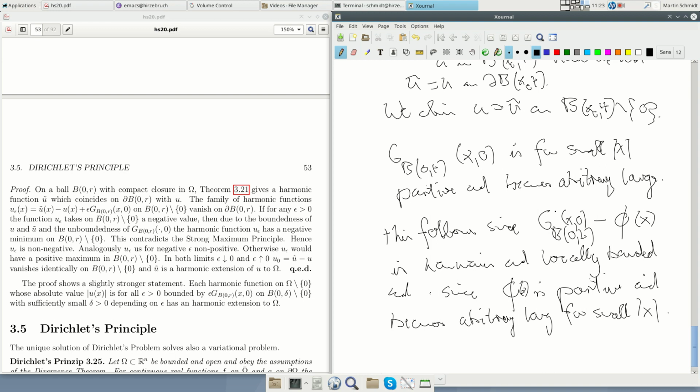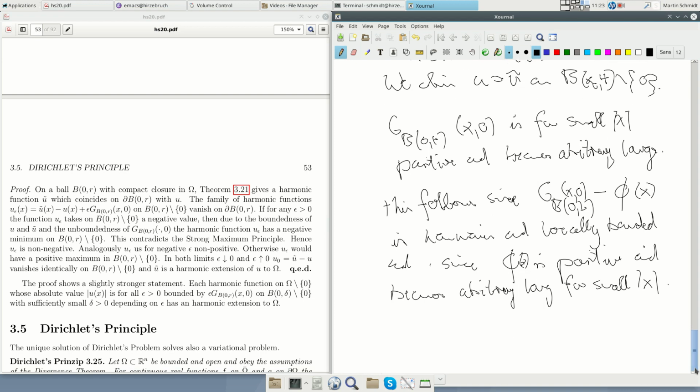Okay, this is the definition of Green's function, and this is just a property of the fundamental solution. The fundamental solution was minus logarithm of x, of course, becomes arbitrarily large for very small absolute values of x, and otherwise it's an inverse power of x, and then this is also true. So this just follows from the fundamental properties of the fundamental solution.